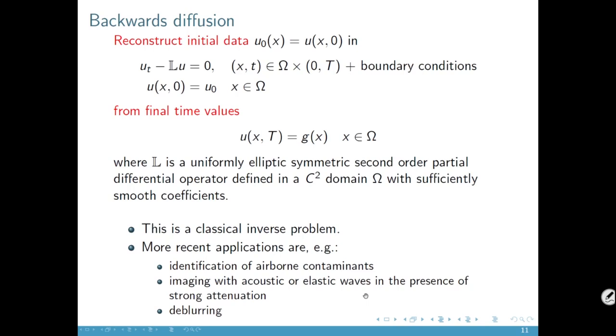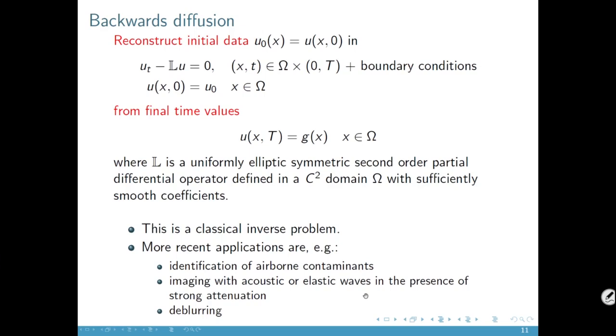One of the important applications is recovery of sources for contaminants. In that case, the operator L will be non-symmetric because it will involve some transport as well. The other motivation you have seen is imaging with acoustic waves or also elastic waves with strong attenuation, because then also the problem behaves like a parabolic one.